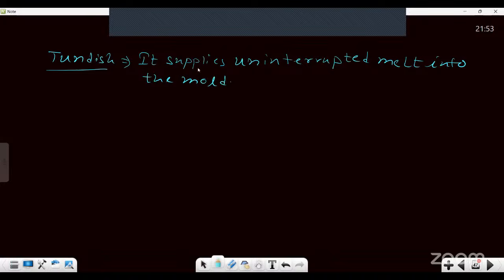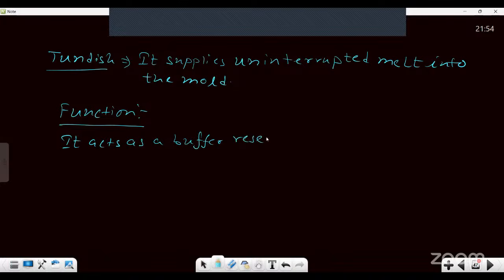So what is the main function of the tundish? It acts as a buffer reservoir, and it avoids interruption during ladle change.